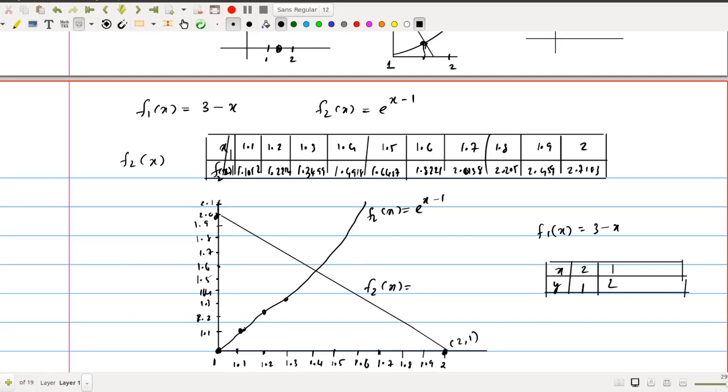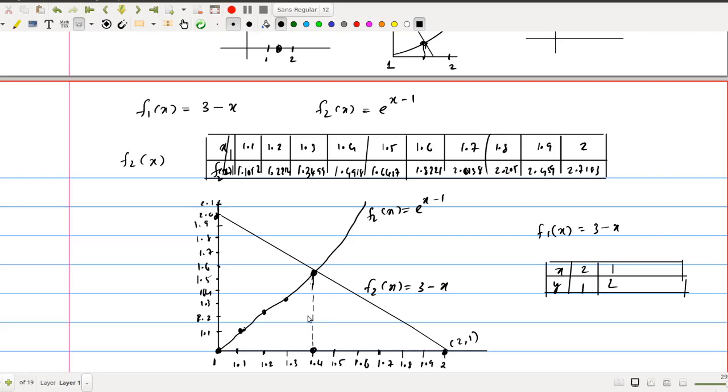Then you can get the point of intersection of these two graphs. By projecting it to the x-axis, you can get the x value of the point of intersection.